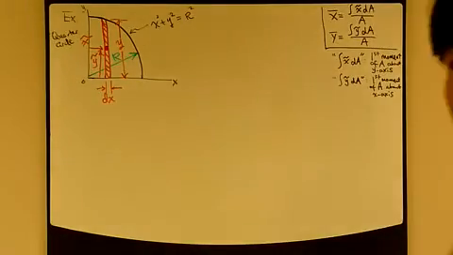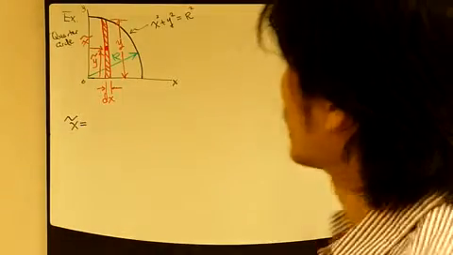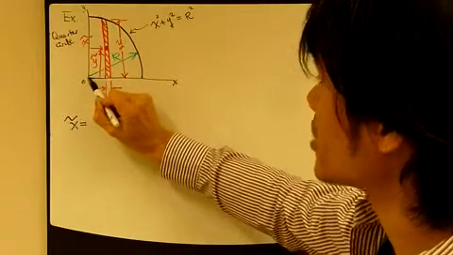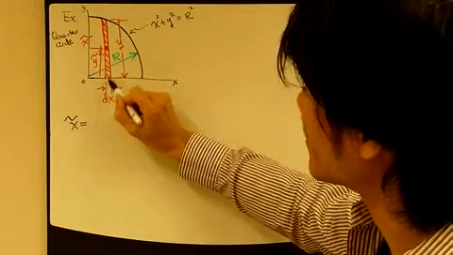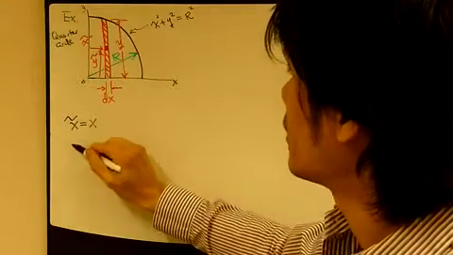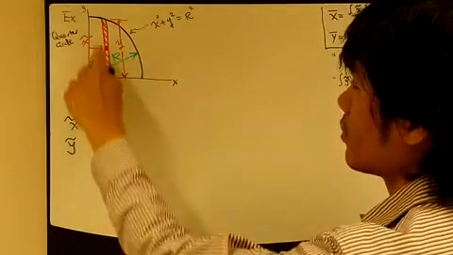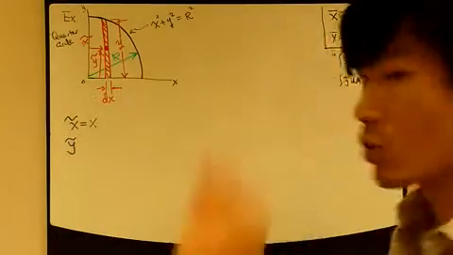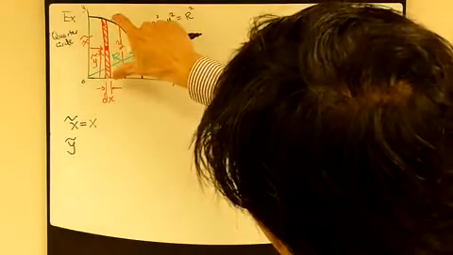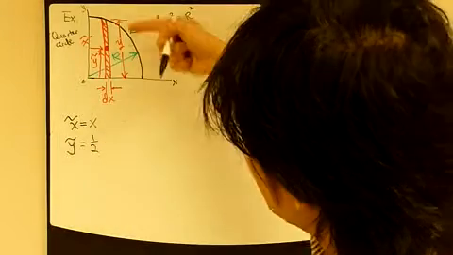Now let's write down everything. For x tilde, what is it? X tilde is simply x, because it's measured from 0 to the x location. Y tilde, the y coordinate for the centroid of the strip element, is exactly 1/2 of the height of the strip, which is 1/2 of y.